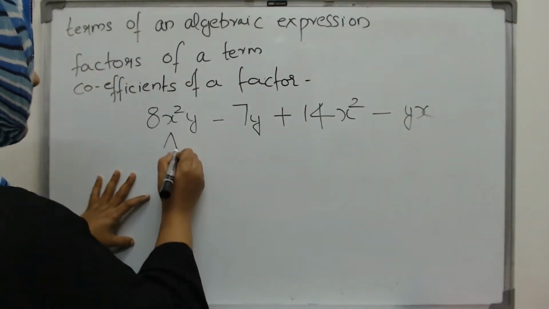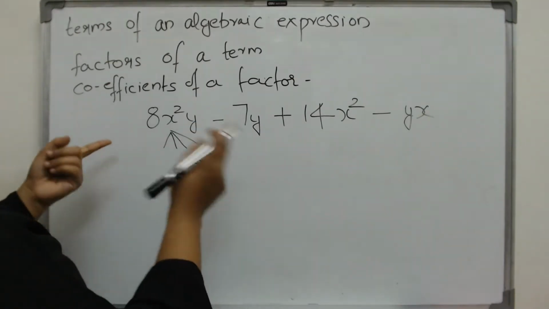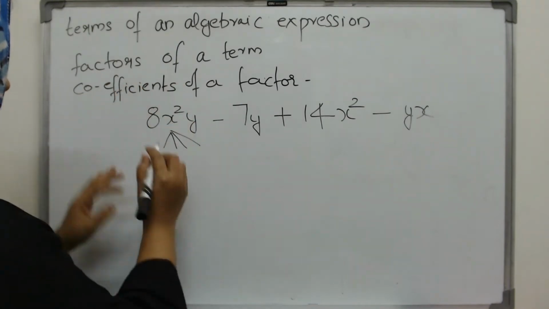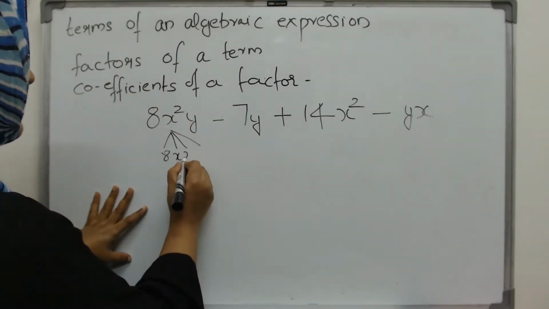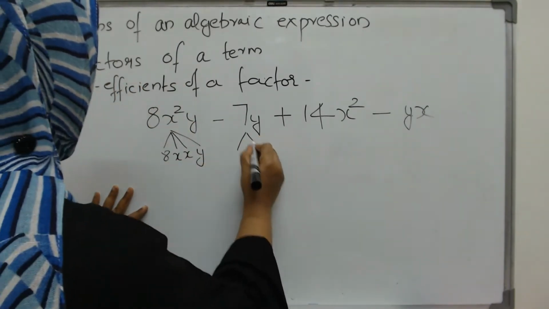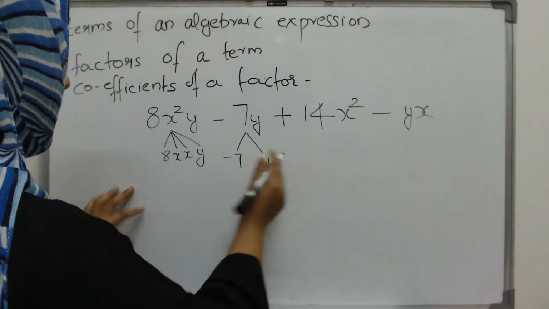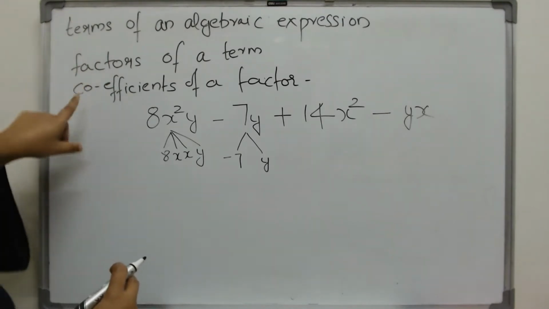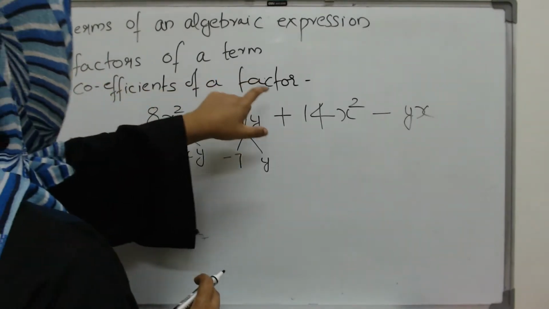And what are those factors? Those are the constants or the variables which make up that particular term. So this would be 8, 2 x's and a y, and this would be minus 7 and y. These are the factors. Now we come to the last term, which is the coefficients of a factor.